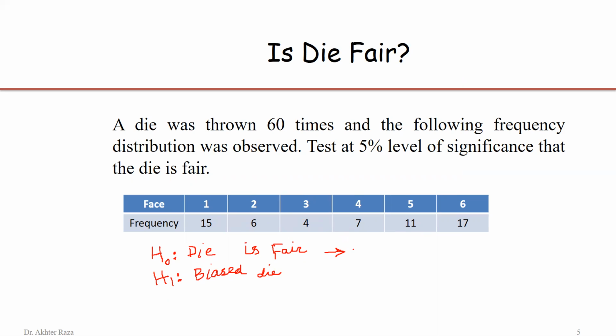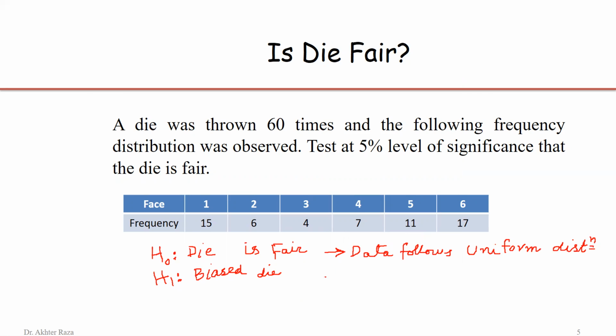Uniform distribution. Data follows a discrete uniform distribution, because if the die is fair, then these frequencies must be alike.